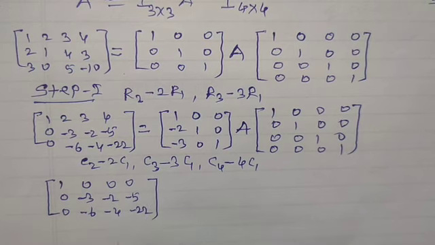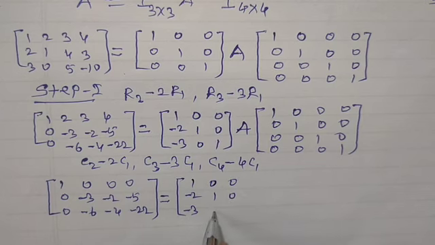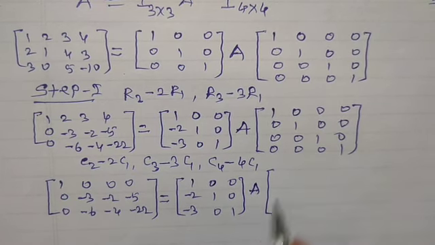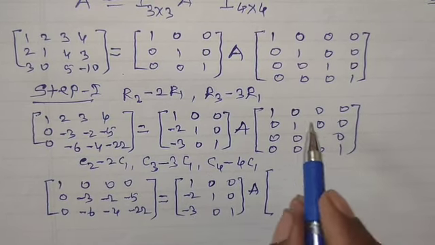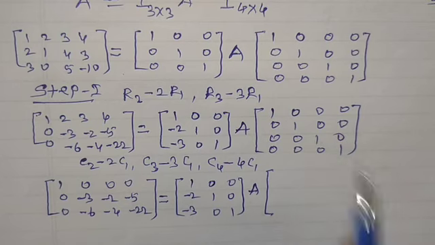Okay, then this is equal to, this matrix will remain as it is, 1 0 0, minus 2 1 0, minus 3 0 1. Then matrix A, and in this matrix we are applying these column transformations. So only change in first row, there will be no change in second row, third row and fourth row.